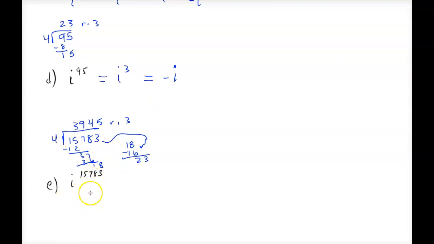So we see that this number here again is just the same as i raised to the 3, which is just minus i. So no matter how big the numbers are in the exponent, as long as they are integer type numbers, we can deal with them.